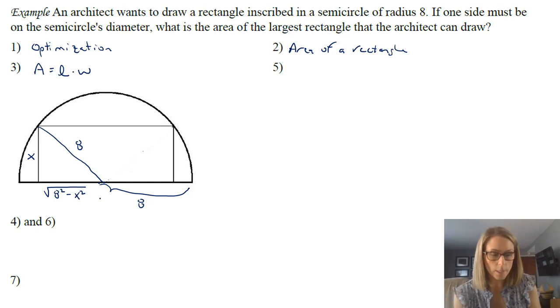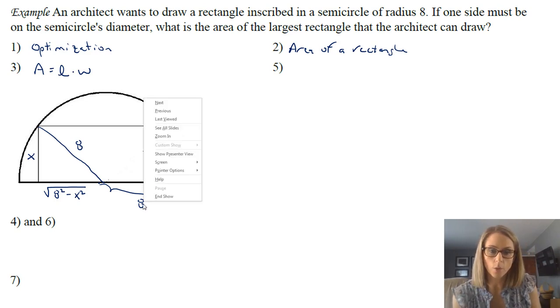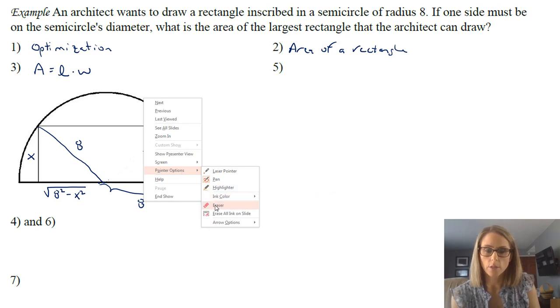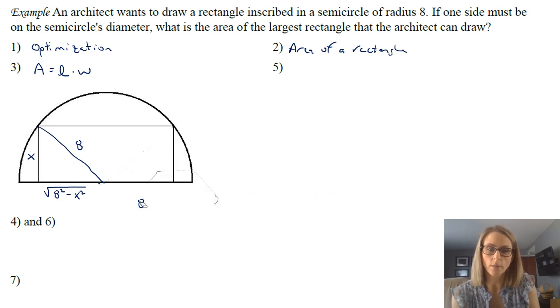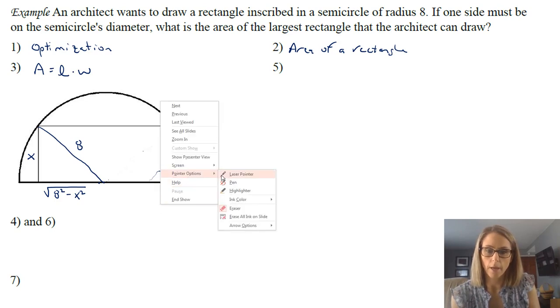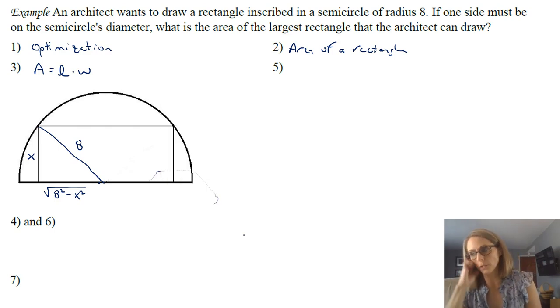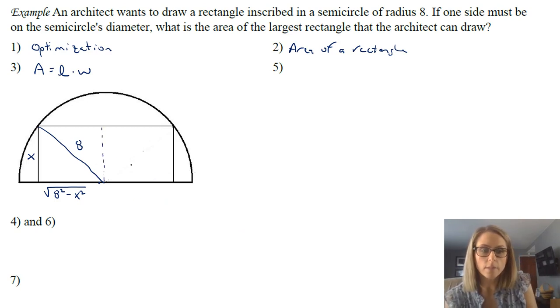Now, of course, that's important because if I'm thinking about the area of the rectangle, I need length times width. And it's really important to remember with stuff like this that you're going to have symmetry. And with symmetry come things that are equal length. So although you don't have to draw it, you want to understand that if you were to cut this in half, this is going to be another 64 minus x squared.